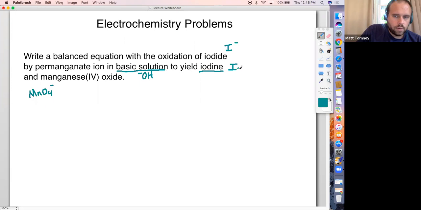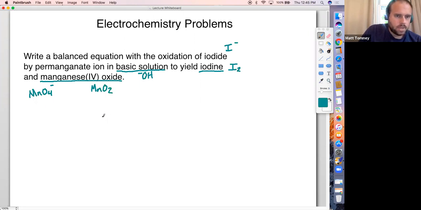This is going to yield iodine, which is the neutral form, one of the diatomics, and manganese oxide, which is the form manganese 4. You need that in terms of oxidation numbers when we're getting ready there. This would make for MnO2.